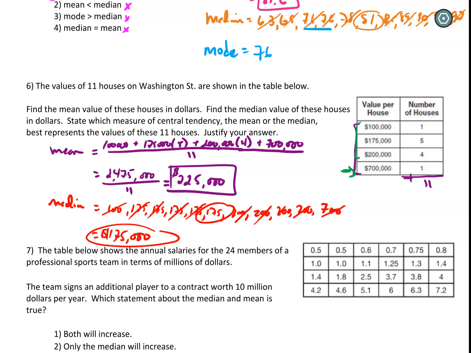The majority of your houses, 10 out of the 11, would all be underneath the 225,000 mark. So is that really the average? It's not really the average of all of these. This $700,000 house made that average increase, so it doesn't really give you a true representation of that data. So in this scenario, the median would be a better choice.